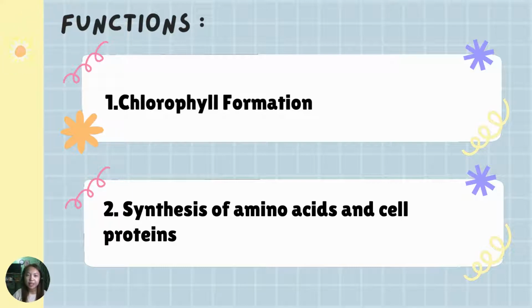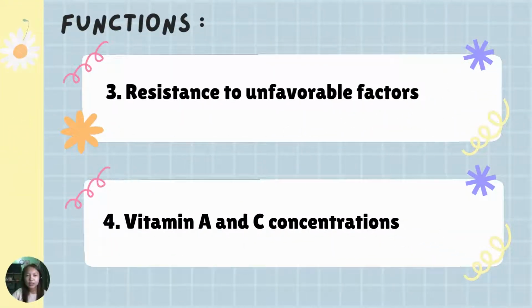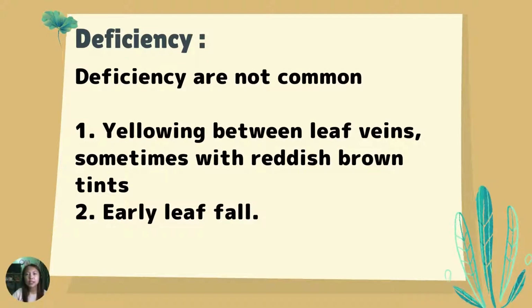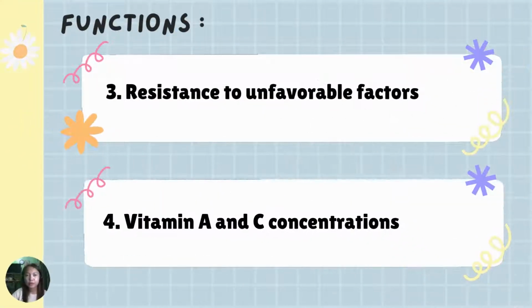Another function is synthesis of amino acids and cell proteins, resistance to unfavorable factors, and vitamin A and C concentration. The main function is to regulate the activity and presence of different vitamins present in plants, most especially in the formation of the green pigments.